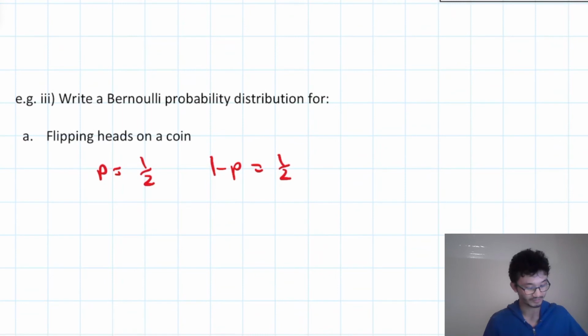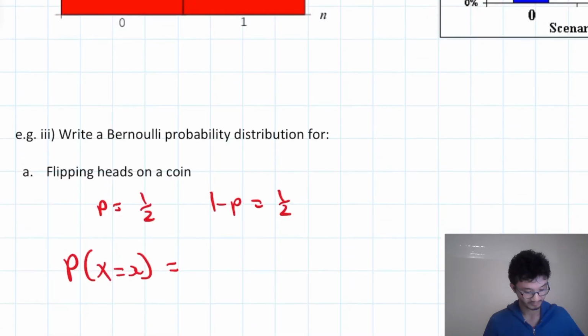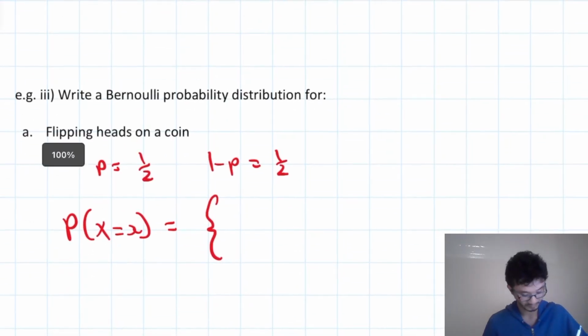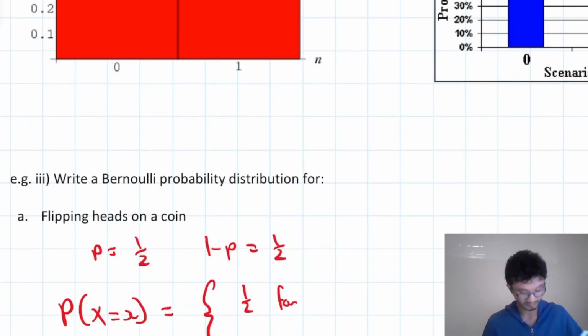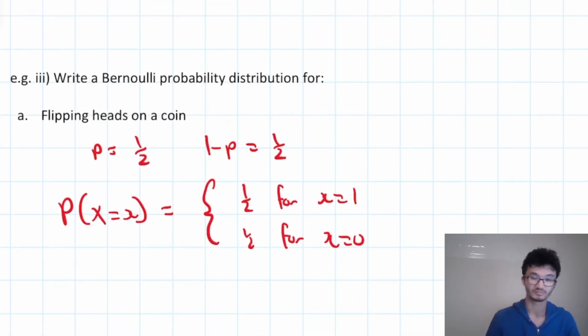So, okay, I'll write it out like that. Okay, so there's my probability distribution. I've got the notation, I've got the curly brackets. It's half for x equals 1, flipping heads, half for x equals 0, not flipping heads, right? That's essentially what this is saying.